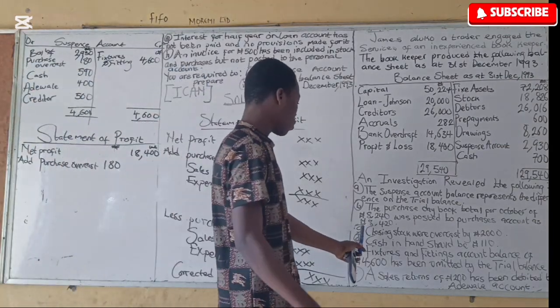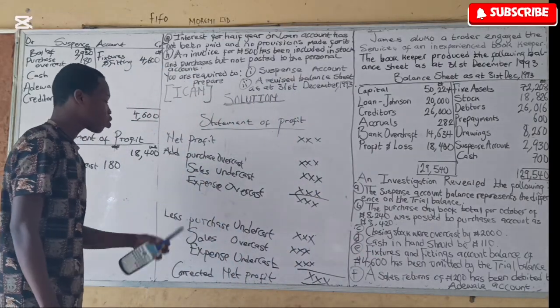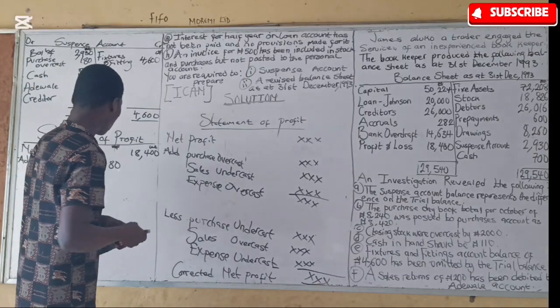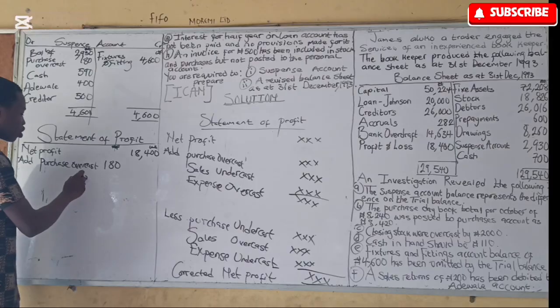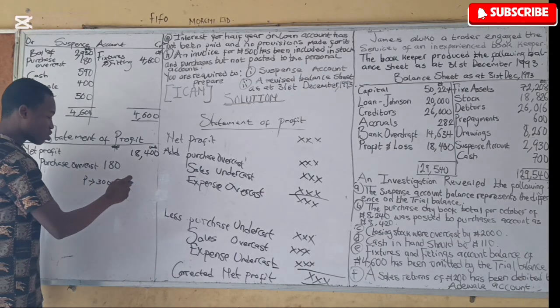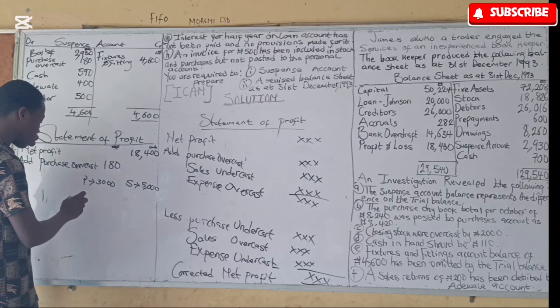So let's finish. We have closing stock. Yes, closing stock is also an asset. So what will happen to your stock? Now let's look at this scenario. Your purchase is 3,000. Your sales is 5,000.